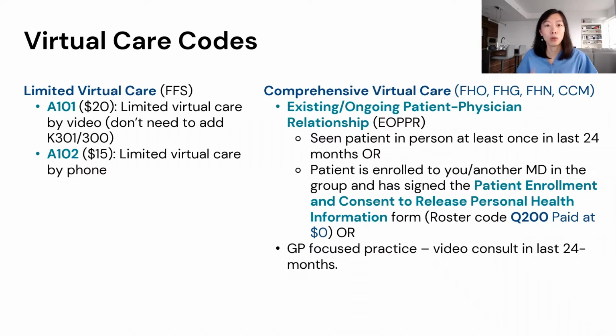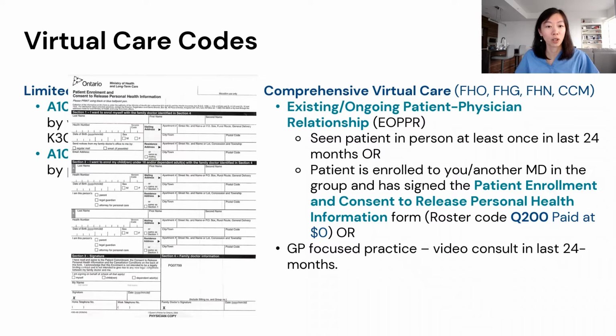And how you know that they're enrolled is because that patient has signed the patient enrollment and consent to release personal health information form, which looks like this. You also, when you're rostering patients, you would bill like a Q200, which is another tracking code. It's paid at nothing, but it tells the system to attach that patient to you now.